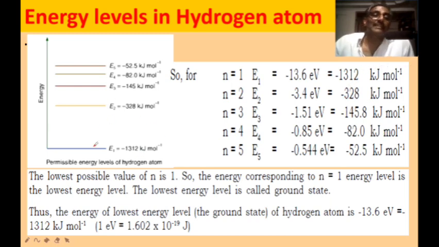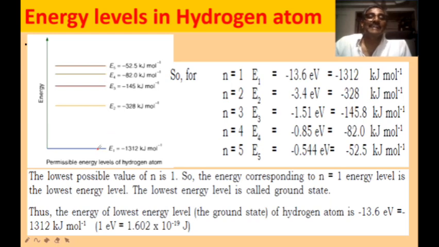From this figure, you can observe that the difference between E2 and E1 is very high, and the difference between E3 and E2 is less, and the difference between the energy values E4 and E3 is still less, and the energy difference between E5 and E4 will be still less.